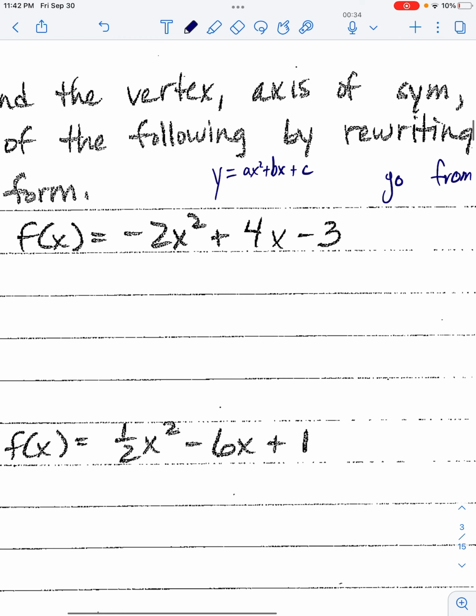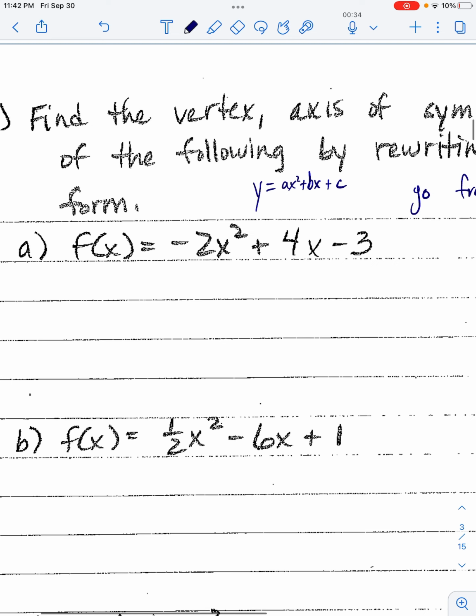So let's do that here. How do I do that? Well, I do that by completing the square. I get f of x equals, okay? I'm going to factor out my -2 from these first two terms.